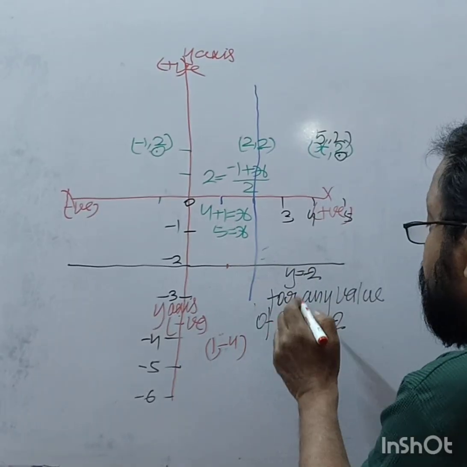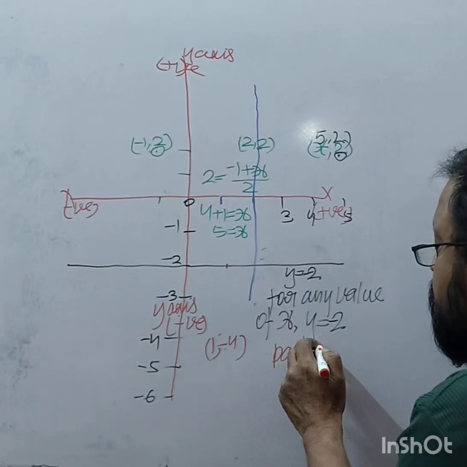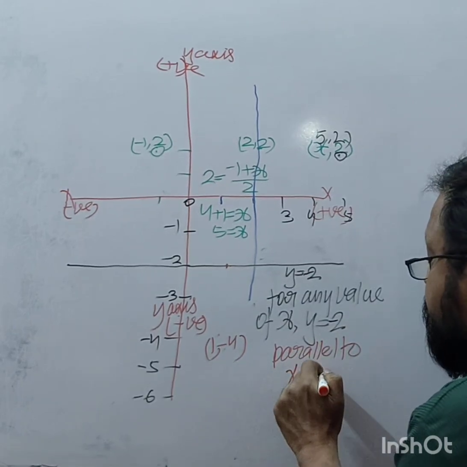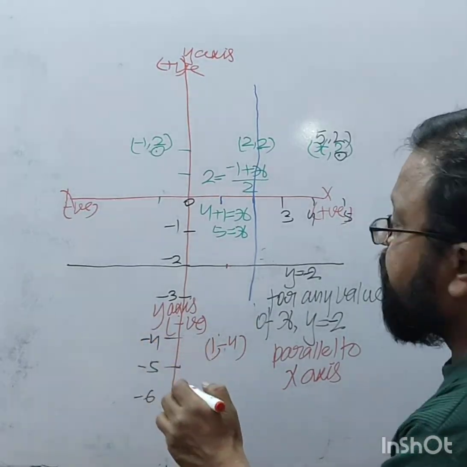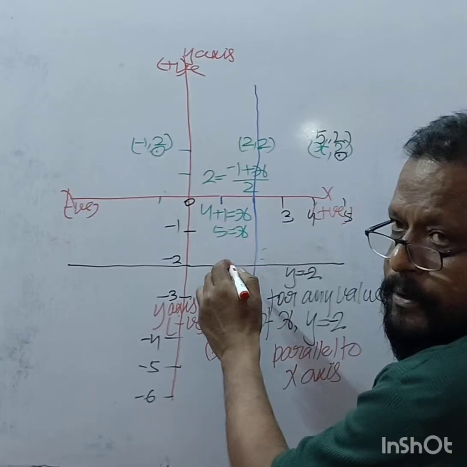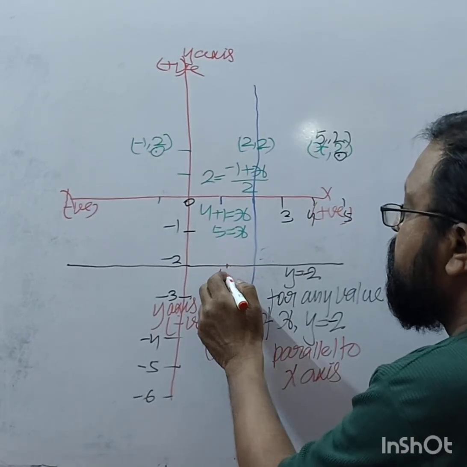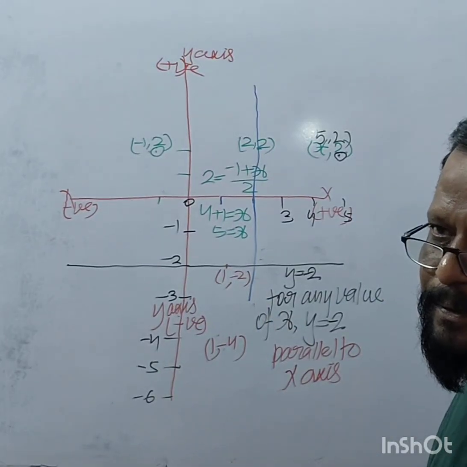Reflection through this, which is parallel to the x-axis, so x is constant, so this is 1, and this is 1 comma minus 2, right?